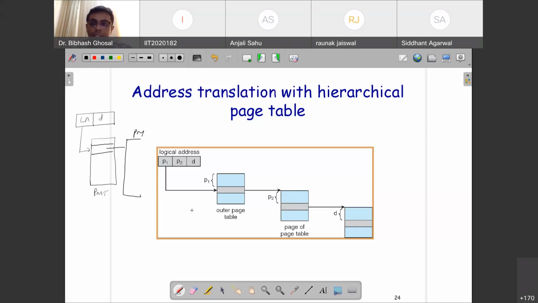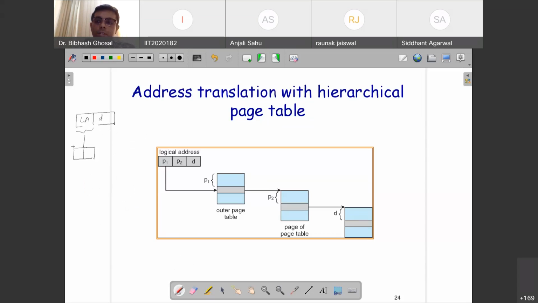This time it is not the case, because this is actually mapped to another page table. So this page map table is now also split up into a number of pages. That will eventually take us to another page table, and the second level of page table will give you the frame number.